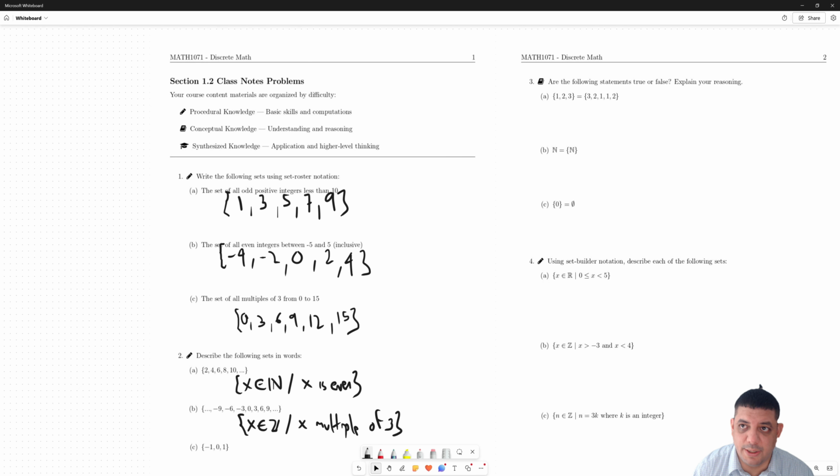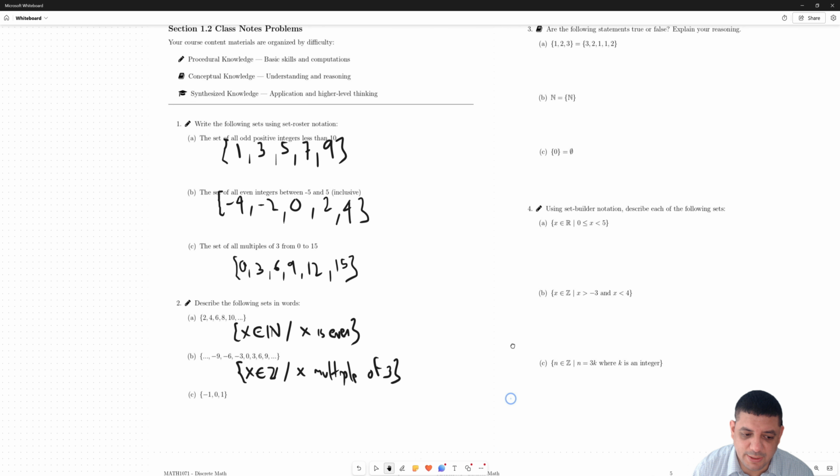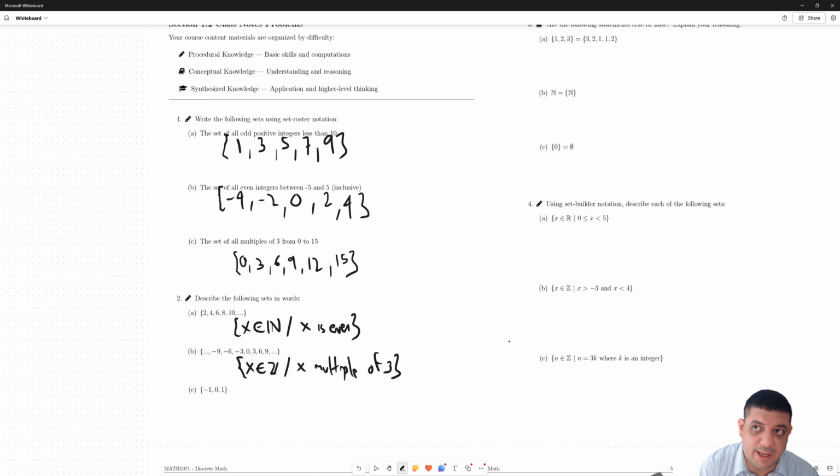Then we have another one: minus 1, 0, 1. And this is something that we can see as the set of integers, so that x is between minus 1 and 1. And it's inclusive, so it matches there.